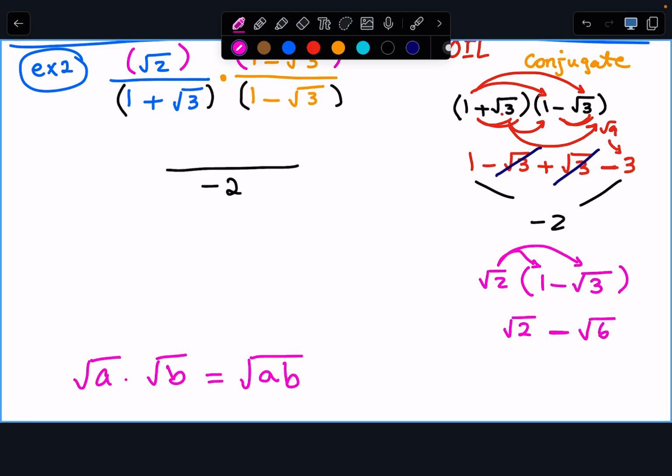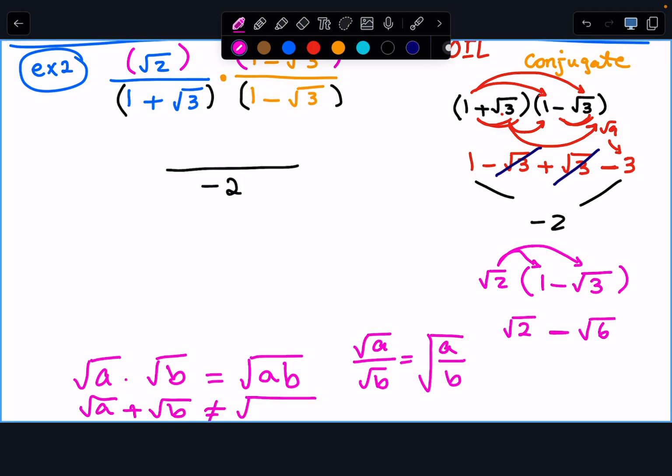Basically, same thing with dividing. Radical A over radical B is the same thing as putting the radical over the whole thing. That's not the same with adding and subtracting. So radical A plus or minus radical B, as we did in an example before the break, is not the same thing as adding them under the radical.